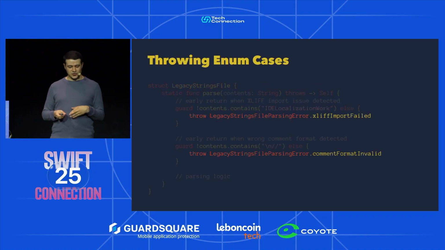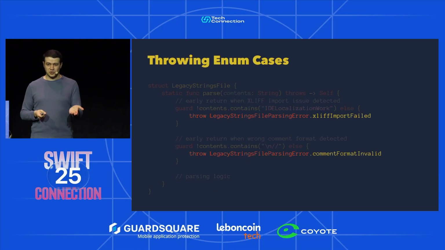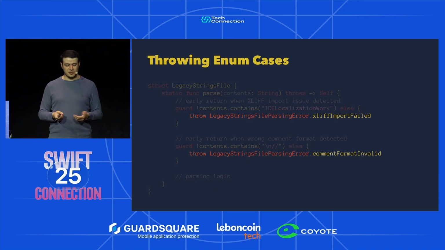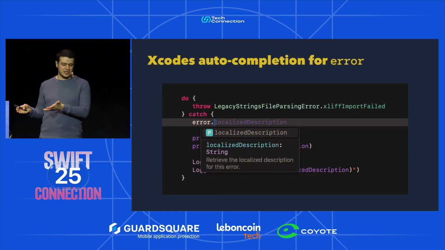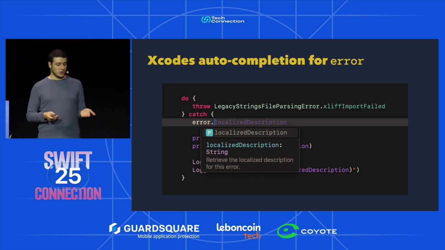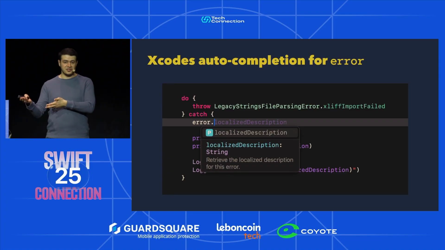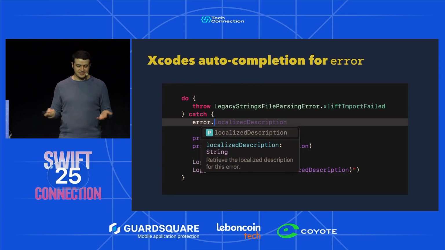I actually wanted to know, so I just wrote these enum cases and threw them. Then I looked at what we can actually do with the error when I deal with it, and the autocompletion in Xcode only has localizedDescription. So I thought, okay, this is maybe the magic thing that Error does, and it will just work.